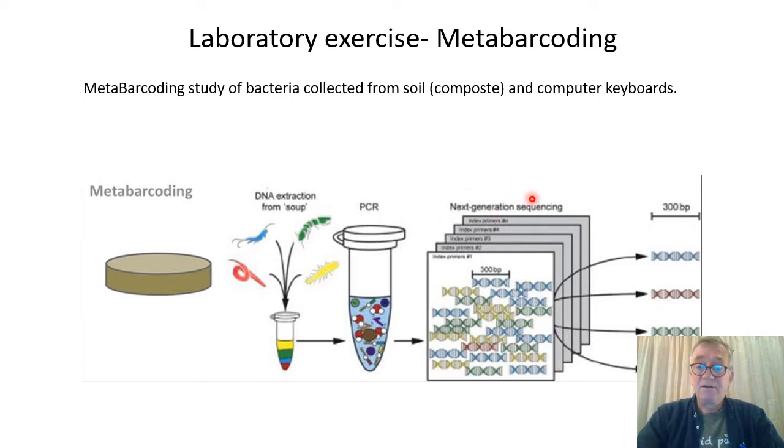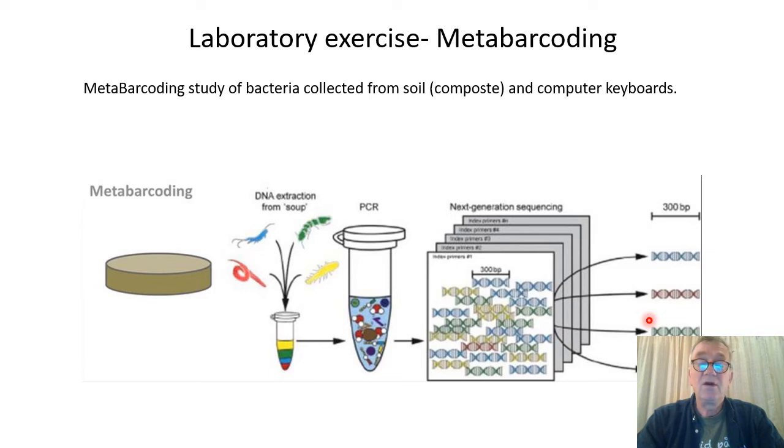Okay, after the sequencing is finished, we can study our sequences, and we can sort them into groups of various sequences. All the sequences that have this blue sequence belong to one species. All these brown sequences belong to another species, and the green, and so on.